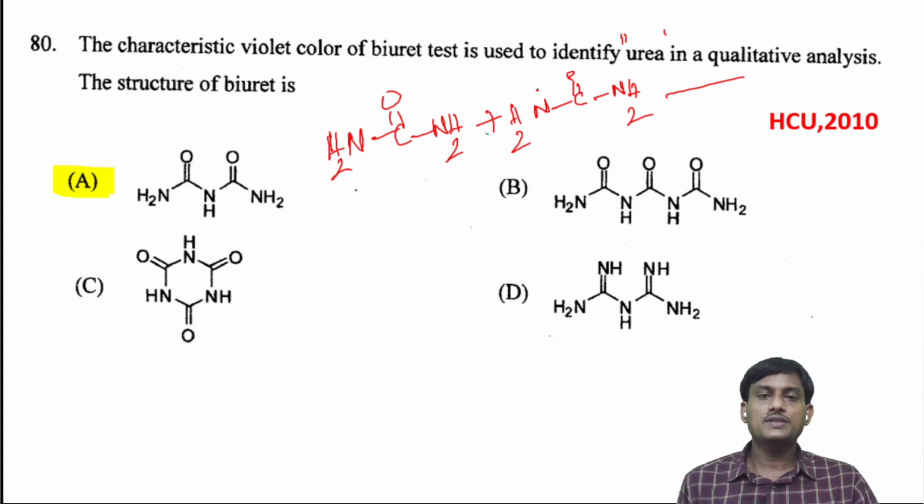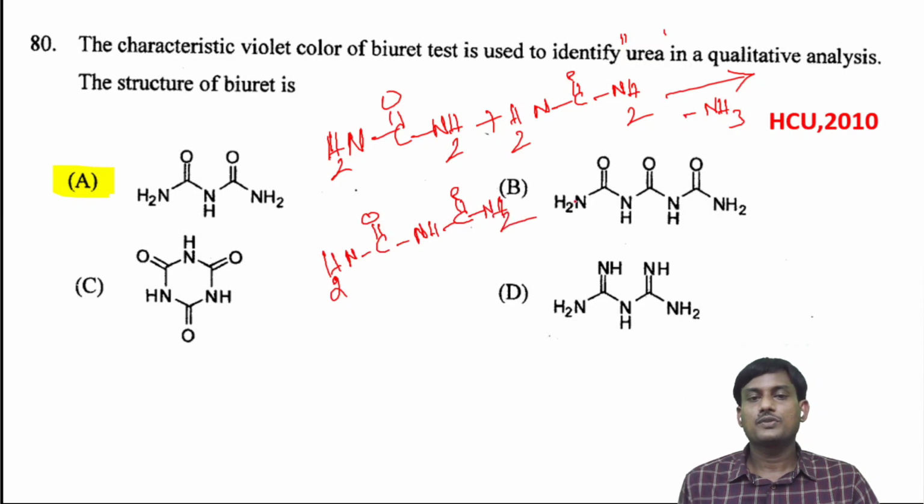So we will get NH2CO NH CO NH2. In the biuret test we use Cu2+.